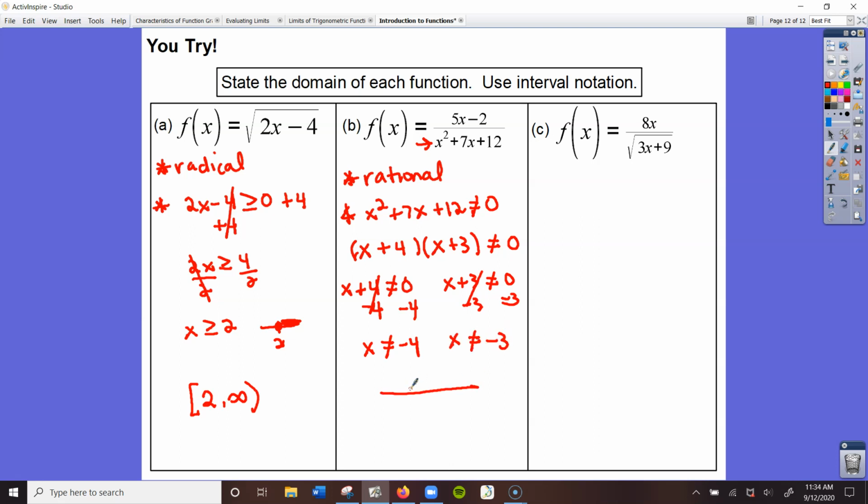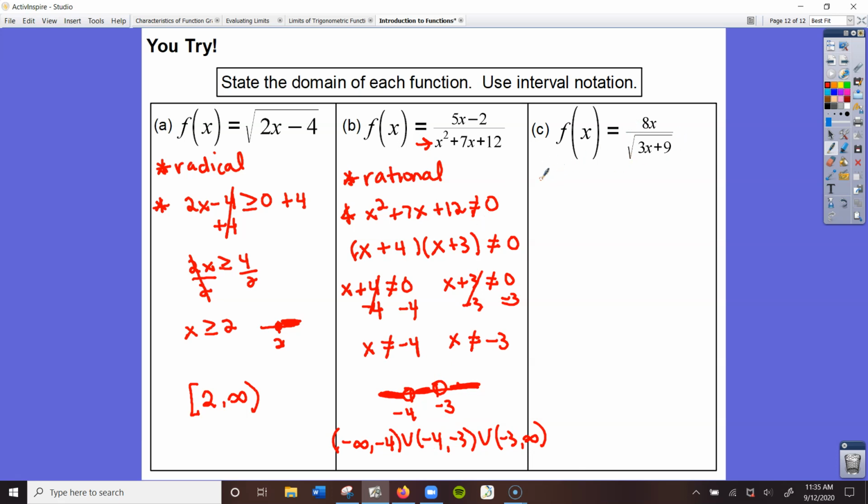These are my excluded values, negative 4 and negative 3. But everything in between is okay. So my domain would be from negative infinity to negative 4, union negative 4 to negative 3, union negative 3 to infinity. And remember that we're not including any of these values because it cannot equal them.